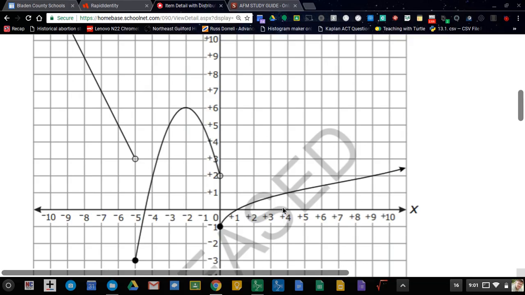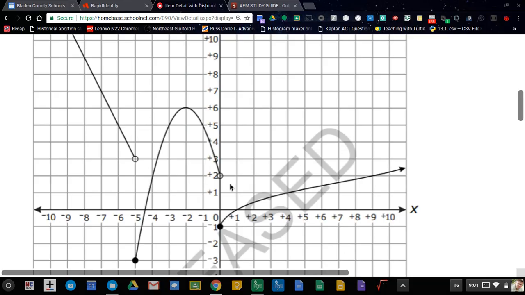First of all, where are my boundaries? Where are the boundaries on this graph? Yeah, -5 and 0. We have some open and closed circles here. How many of you remember what those signify as far as the function?